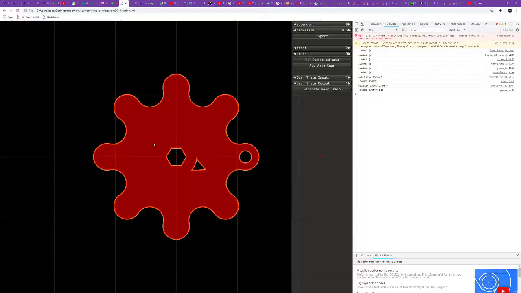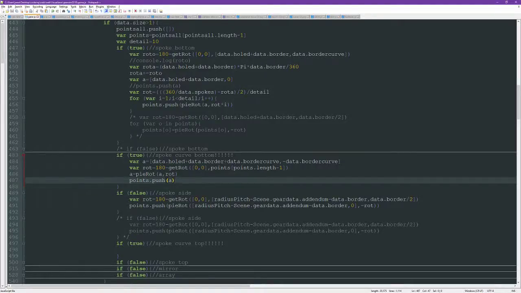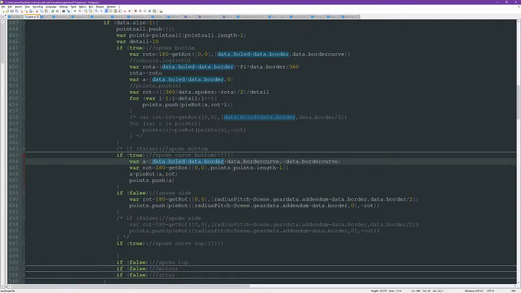That does not look right. Huh. Why would it be there? I mean, is that how big it needs to be? No. We got the wrong thing for this.